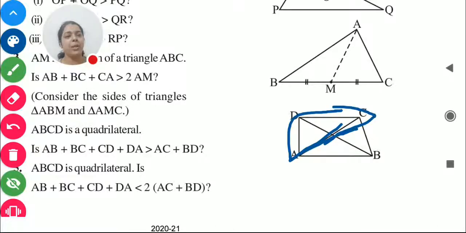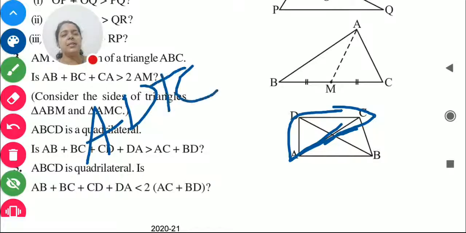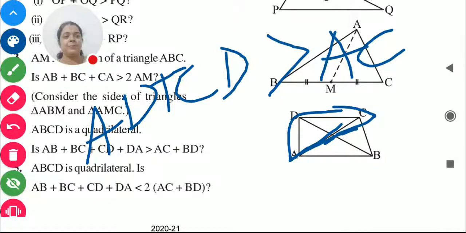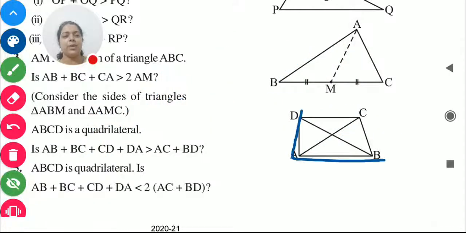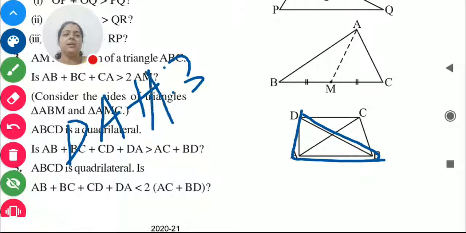Then we'll find AD or DA plus CD is greater than AC. We got to know that also. Now we'll take the fourth one, DA plus AB is greater than AC.